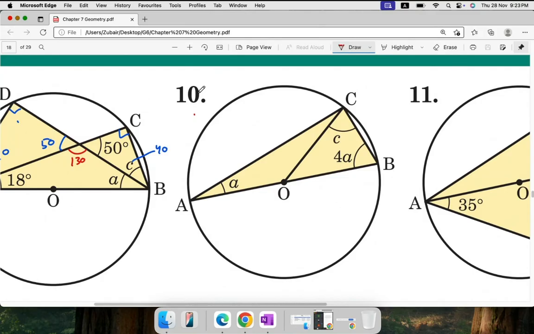Any breakthrough? Sir, A will be 18. Correct. Very good.